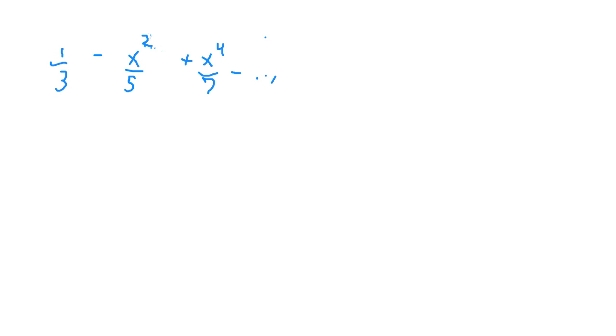Of course, this first term is when n is 1. Second term is when, well, I want to be careful here. If I want my power series to start at n equals 0, that's fine. First term starts at n equals 0, second term at n equals 1, third term at n equals 2.